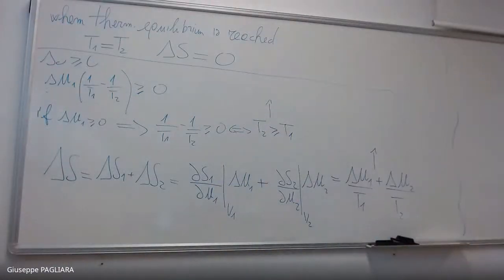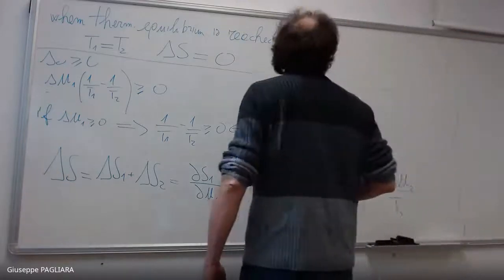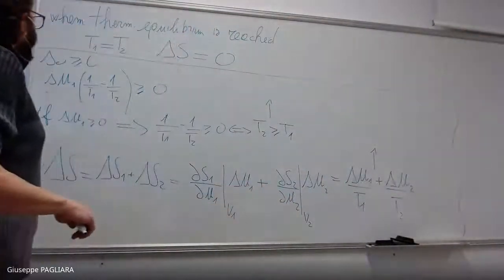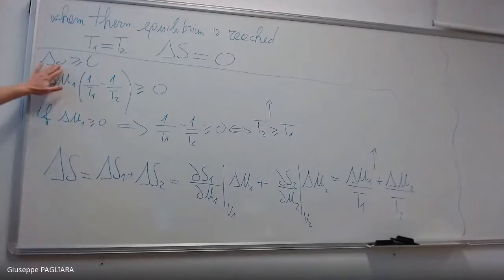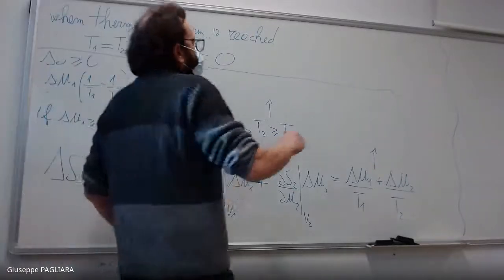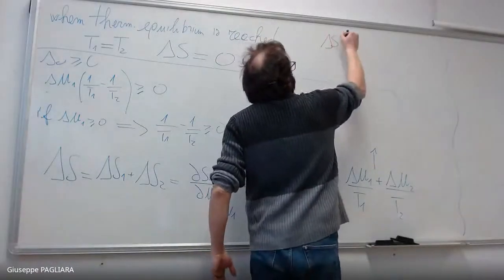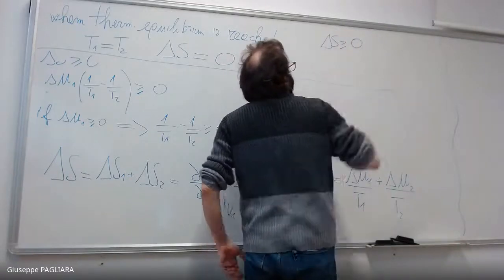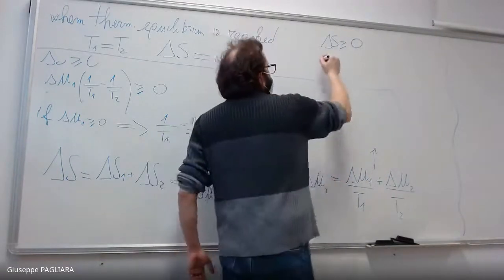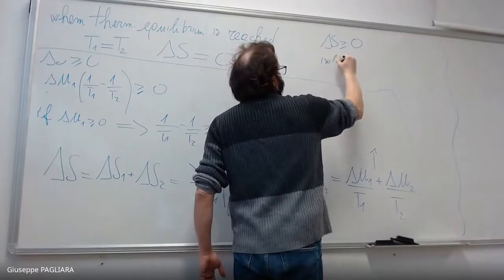Now, the situation that we just analyzed is one in which we have established the second principle of thermodynamics: delta S must increase, but this is true for an isolated system.